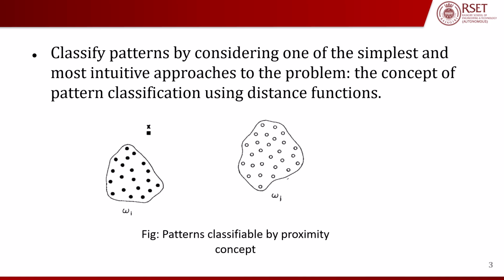So here the distance that you have used just by eyeballing is the classical Euclidean distance, that is, the straight line distance.